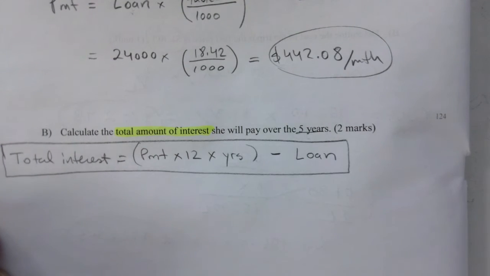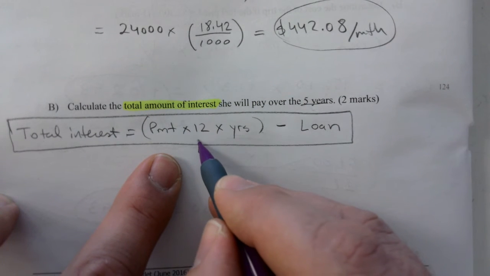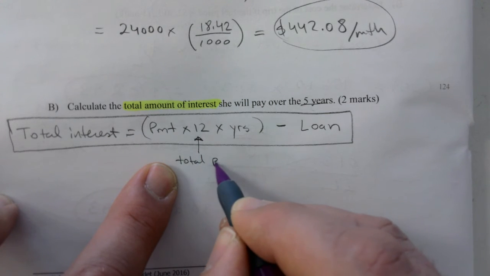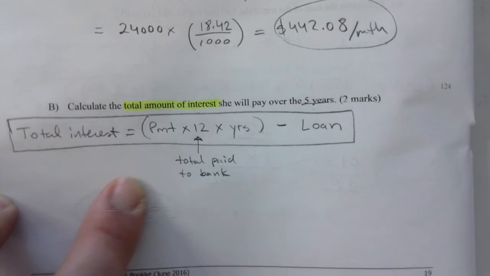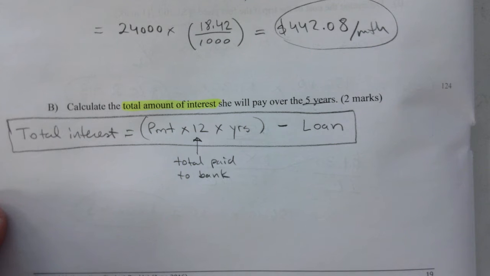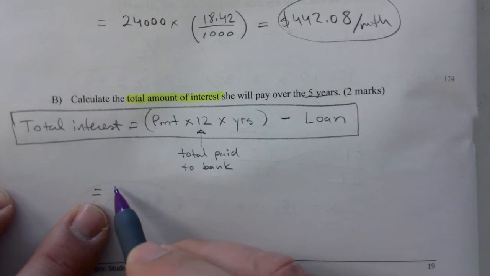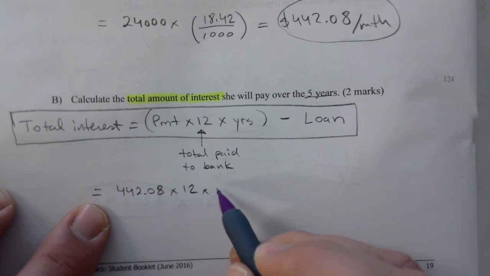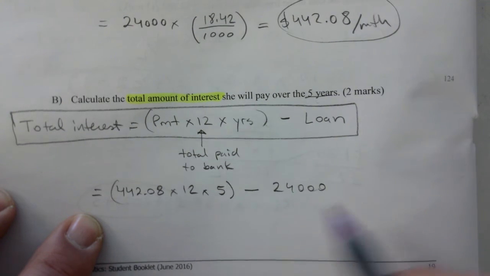This is in general how you treat this one. And I'll just make a note that this portion right here is total paid to bank. So if the question asks how much did you pay the bank in total, that's how you would do it. So let's calculate that. 442.08 times 12 times 5 years, I'll put that in brackets, minus the 24,000.